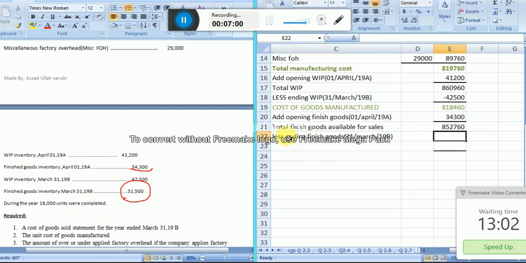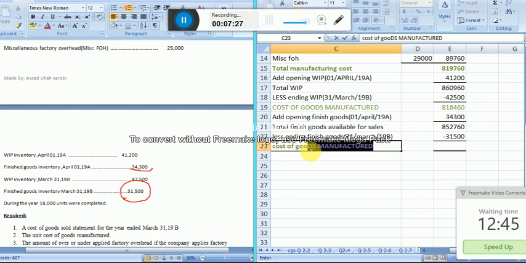So we will subtract 31,500. Look, total finished goods was 8,52,760, but now only 31,500 finished goods remain. So how much cost of goods did we sell?